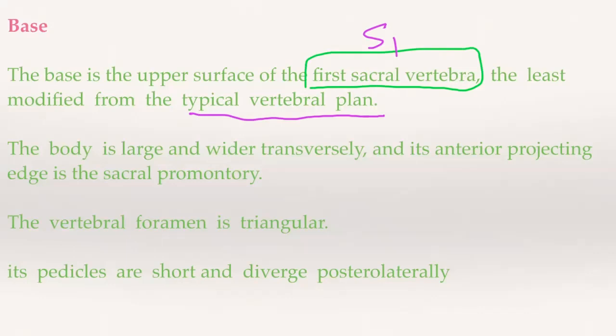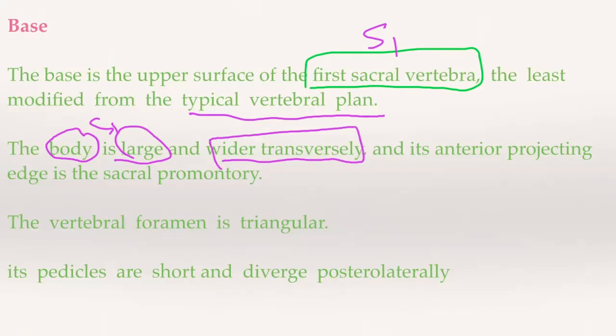So the base is not so much modified from the typical vertebra. The body is large, that means the vertebral body or S1 body, and wider transversely, and its anterior projecting edge is the sacral promontory. So the anterior edge of the S1 vertebral body is called the sacral promontory, right? The vertebral foramen is triangular.